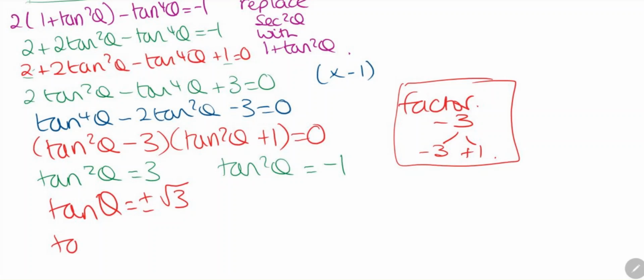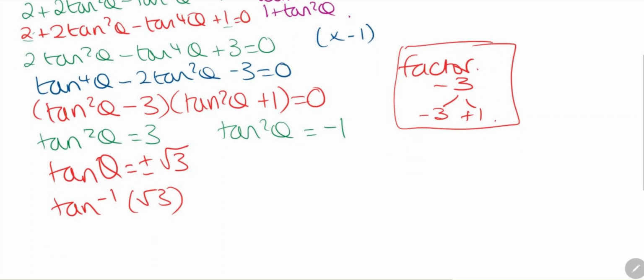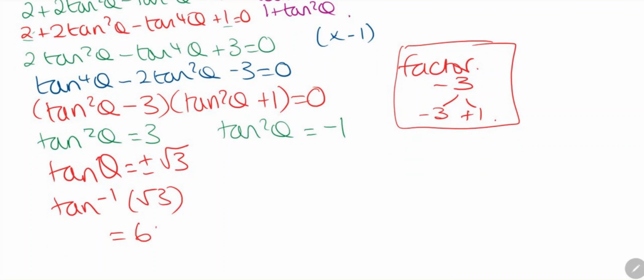And this is going to be tan to the minus 1 of root 3, so this is going to be 60 degrees. Now it can also be minus, so let's say this is plus 60 and this can be minus 60.